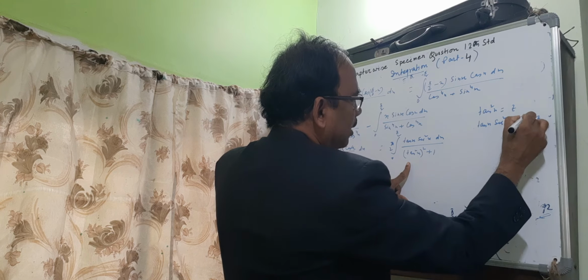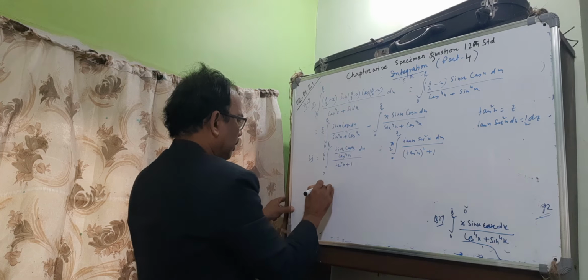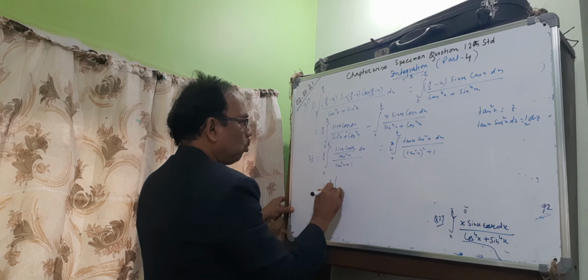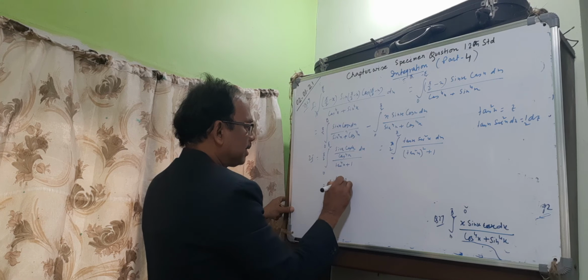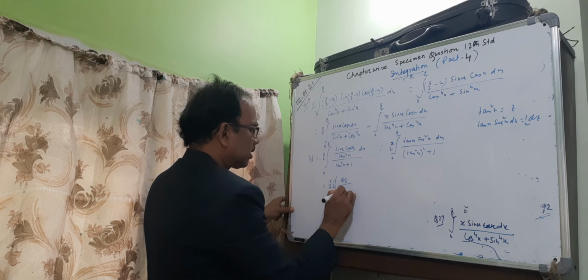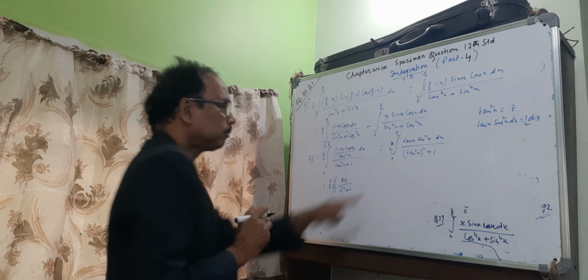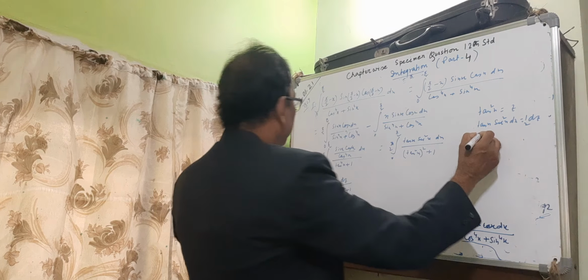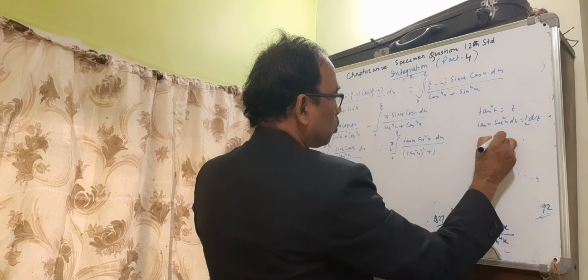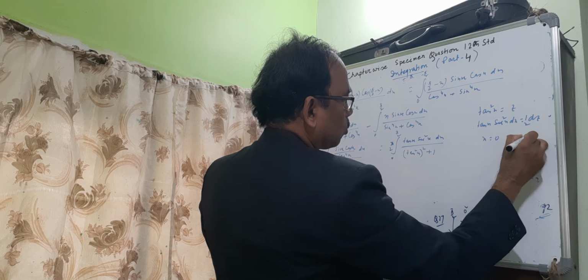So tan x sec square x dx is half of dz. We can write pi by 2 into half, the integral of dz over z square plus 1. This is 1 by a tan inverse form, and you have to change the limits. When x equals 0, z equals 0.